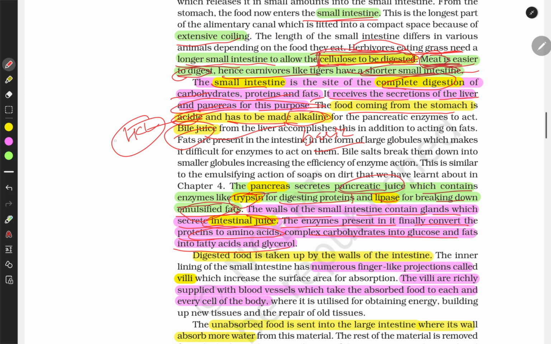So what is happening when food exits the stomach and goes into the small intestine? First, in the small intestine at the duodenum, the bile juice is secreted. The bile juice makes the acidic food coming from the stomach alkaline.